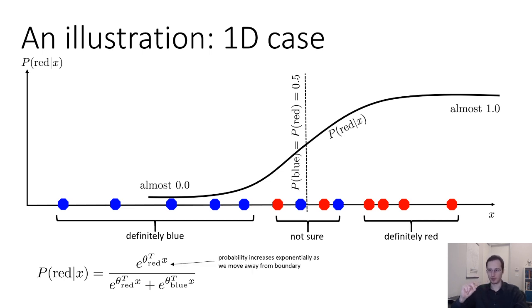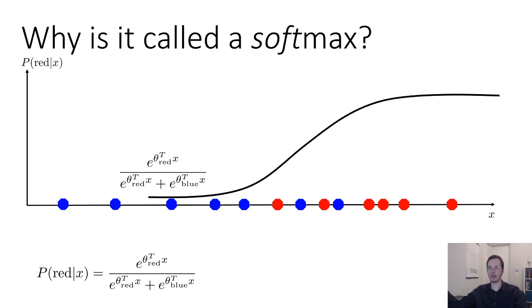The probability of red increases exponentially as we move away from the boundary, and then the normalizer keeps things summing up to 1. Now, as a brief aside, why do we call this the softmax? Well, let's think for a minute what would happen if we were to take our thetas and multiply them by some big number.